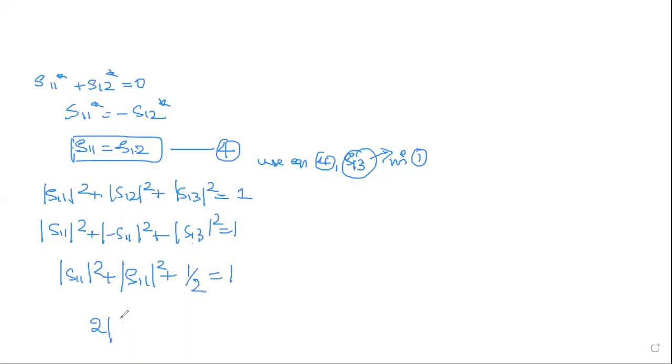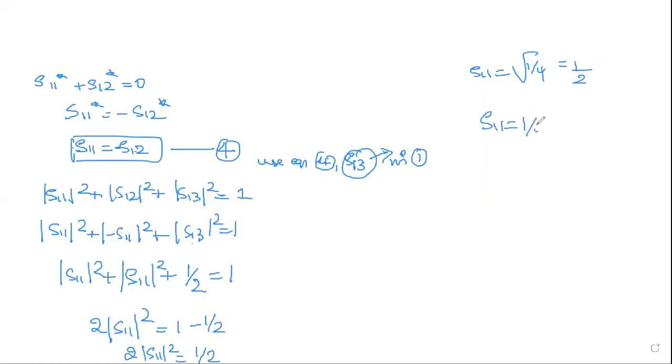So that is 2 times S11 square, which is equal to 1 minus 1 by 2. So 2 times S11 square is equal to 1 by 2. So I can write S11 as square root of 1 by 4, which is also equal to 1 by 2. So the S11 value you get is 1 by 2.